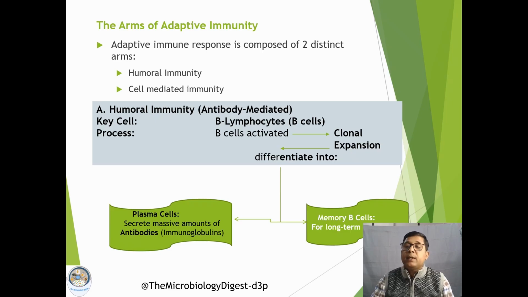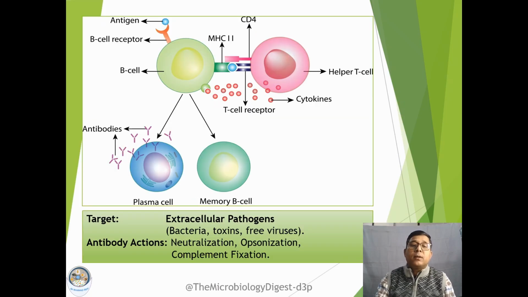Plasma cells are responsible for secretion of antibody molecules against that specific antigen, and the memory cells are responsible for the memory response of adaptive immunity. So this is how the humoral arm works.